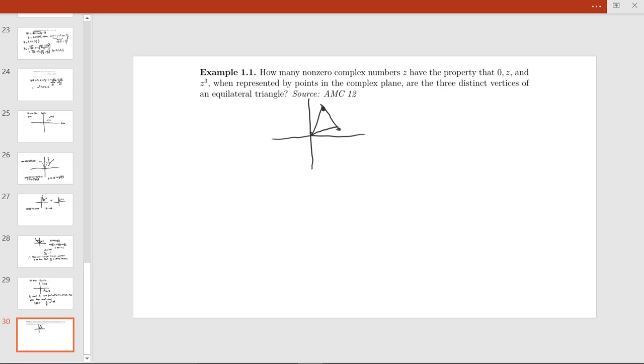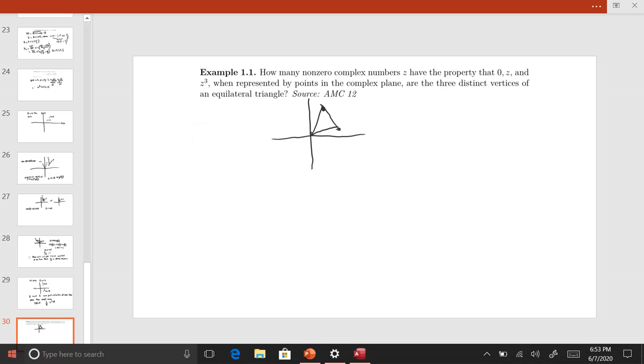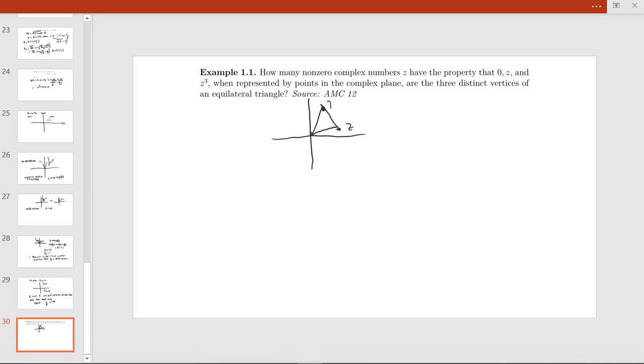So we see that for this triangle to be equilateral, all the sides must have the same length, and the angle between them must be 60 degrees, or pi over 3.